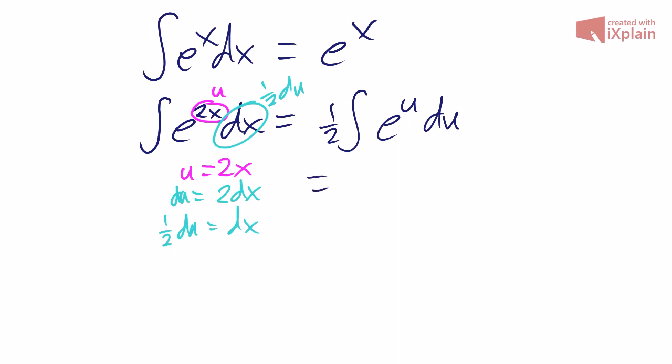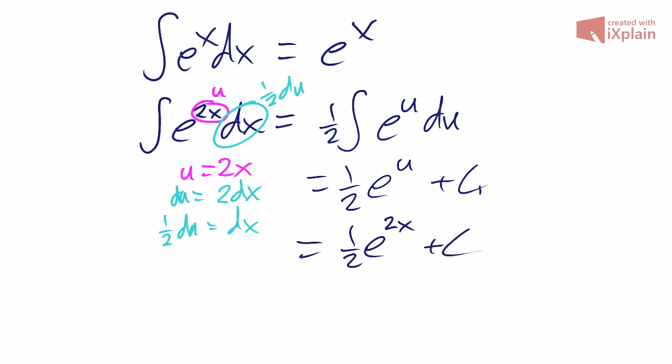Okay, so now I have 1/2, and then the antiderivative of e to the u is just e to the u. And now I say plus c. Okay, now I resubstitute for x, 1/2 e to the 2x plus c. And there we go. So I use u substitution there to find the integral of e to the 2x.